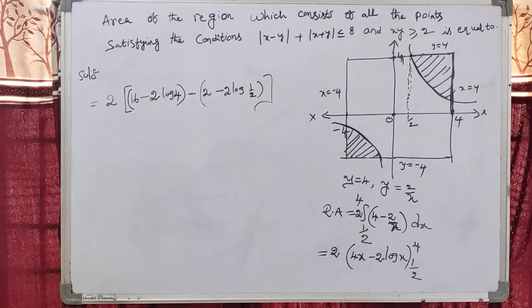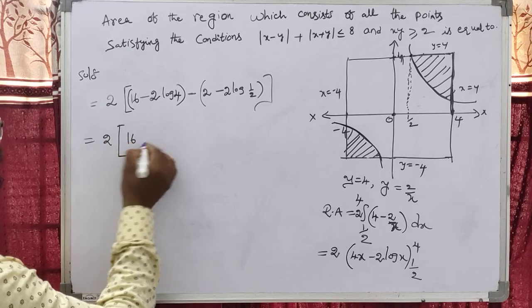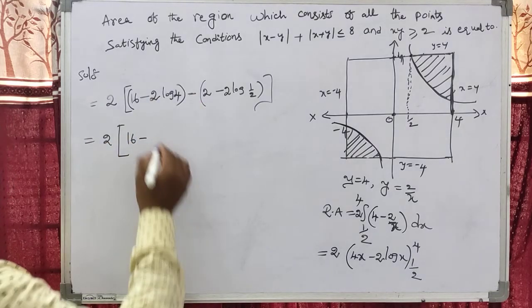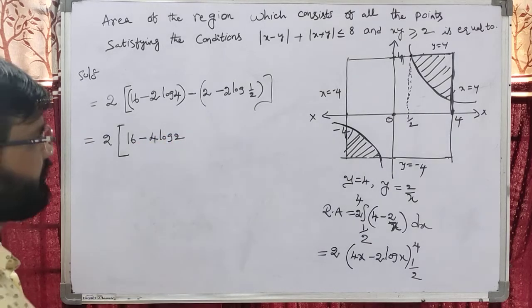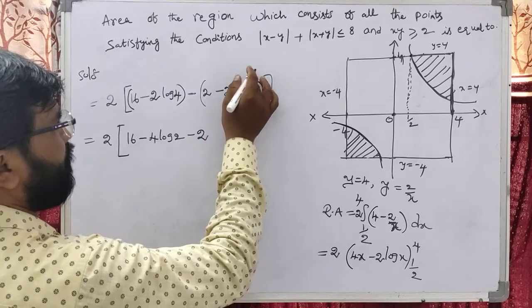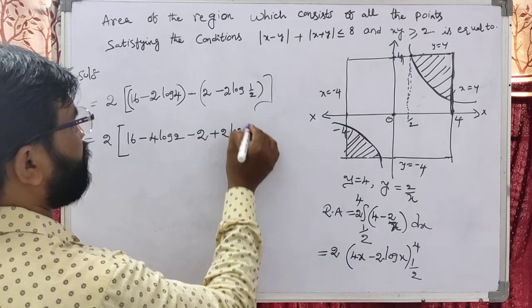Now we can write this as 2 into 16 minus 4, which can be written as 2 square, 2 into 2 is 4 log 2, okay students. This is minus 2, 2 power minus 1, minus of minus plus 2 log 2.